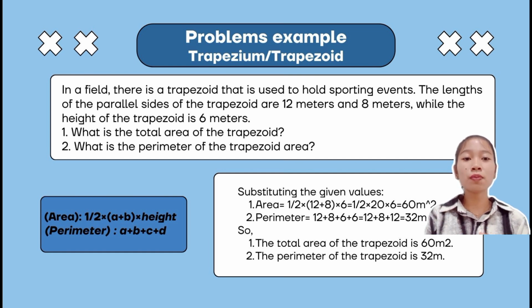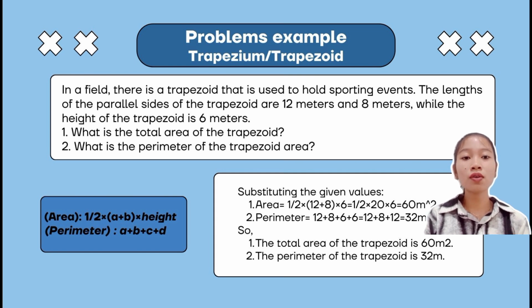Okay, the trapezoid formula is area equals 1 over 2 times (a plus b) times height, perimeter equals a plus b plus c plus d.